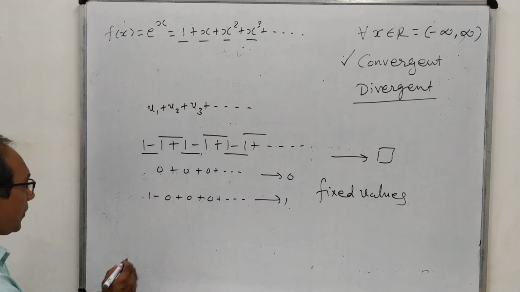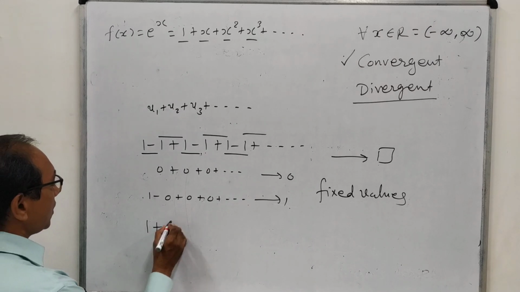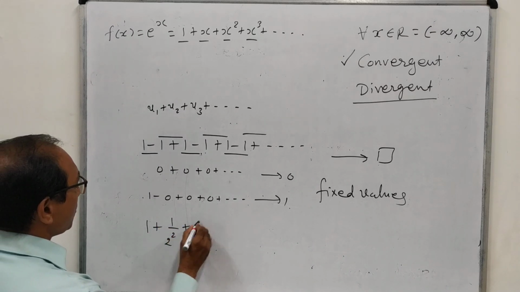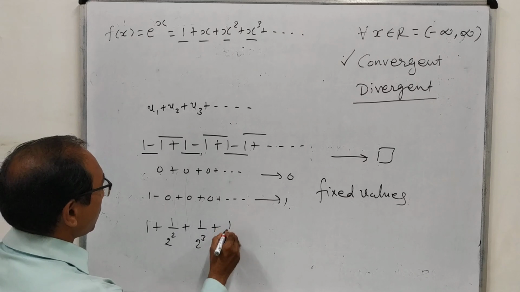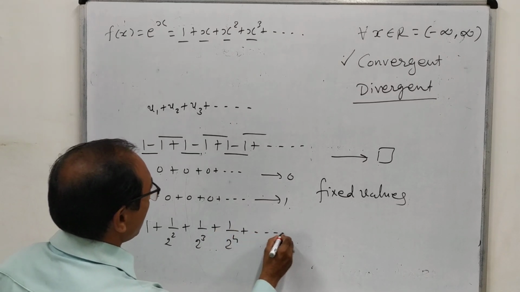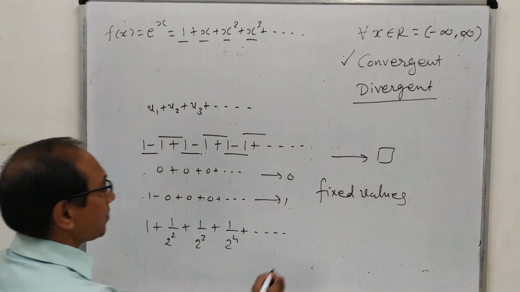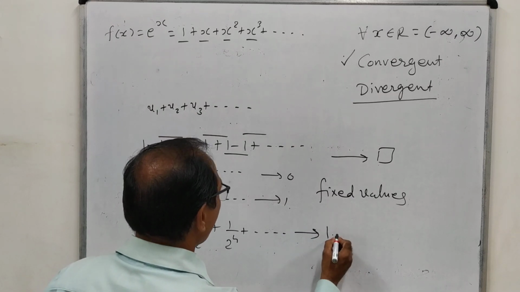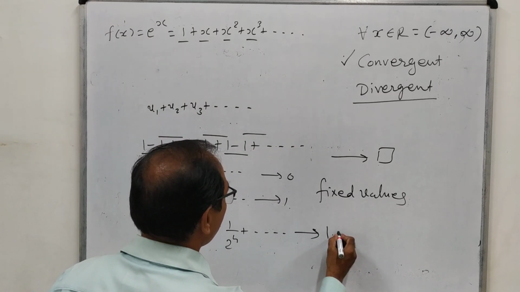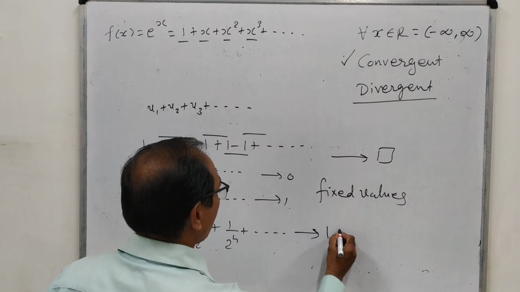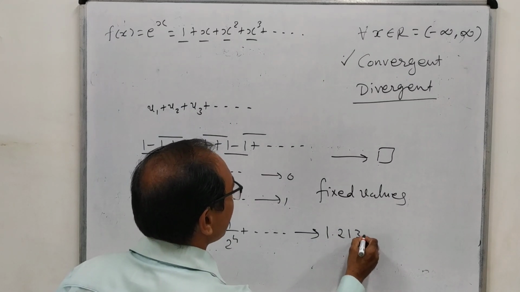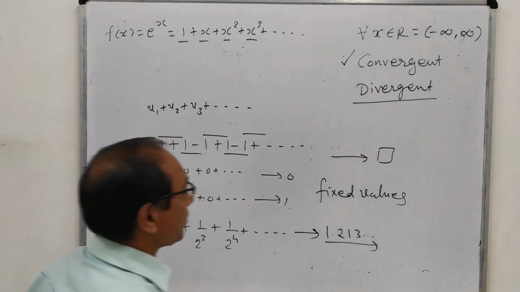Suppose we consider 1 plus 1 upon 2 square plus 1 upon 2 cube plus 1 upon 2 raised to 4 plus dot dot dot; then this series will tend to some fixed value, suppose 1.213 or something like this. So this tends to only some fixed value.